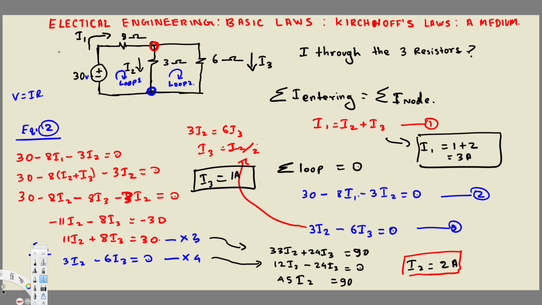In I1 it's 3 ampere, and in I2 we have 2 ampere. And in I3 we have 1 ampere. Since the answers are positive, this is going to be the exact direction of the current, right? If we get a negative answer, it means it's acting in the opposite direction.